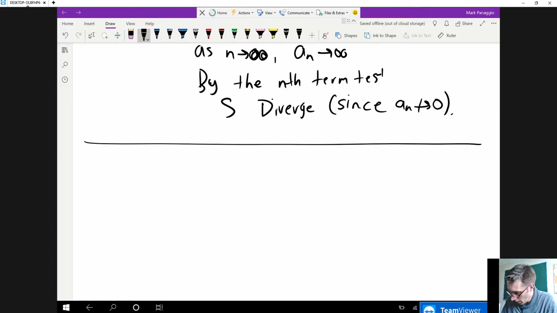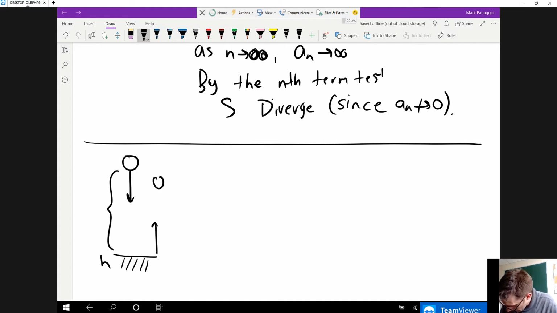Let's suppose a ball is dropped from a height of h. Okay, it hits the ground, and then let's suppose that it bounces, and maybe we'll call that h0.